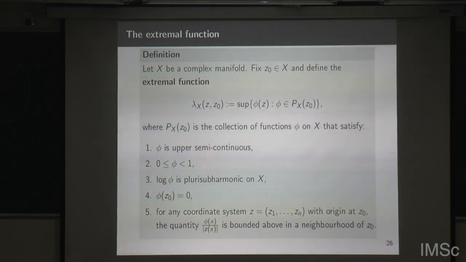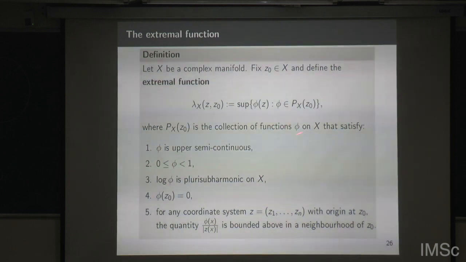One might wonder how this was constructed. The log of this lambda_X is known in the literature as the pluricomplex Green's function. If you specialize to dimension 1 and just look at domains in C, you can easily see that this log lambda_X is nothing but the usual Green's function on a domain.